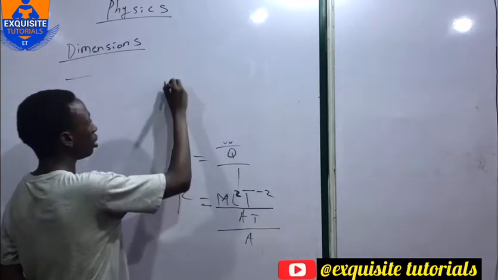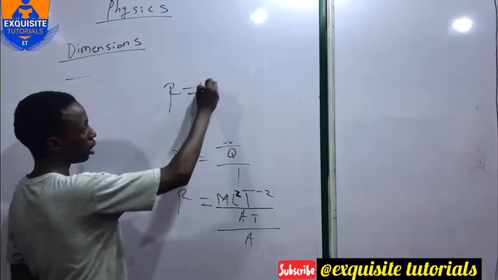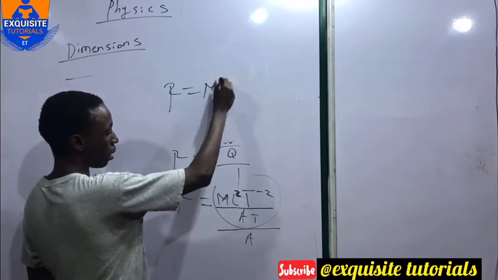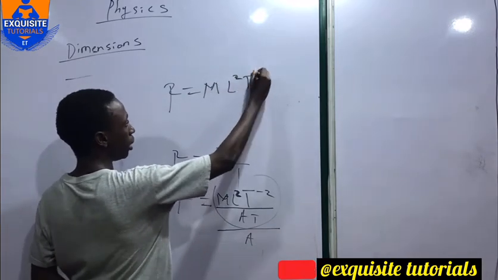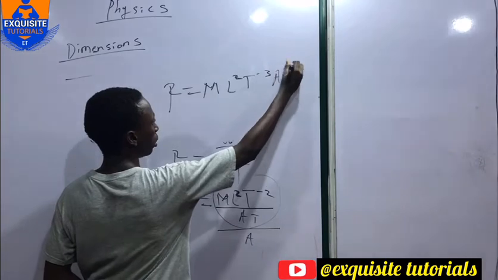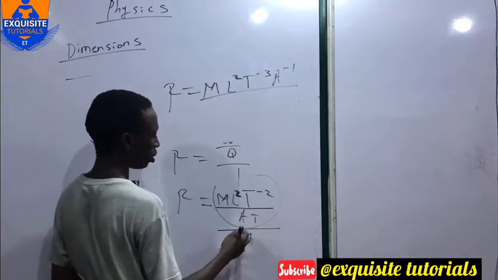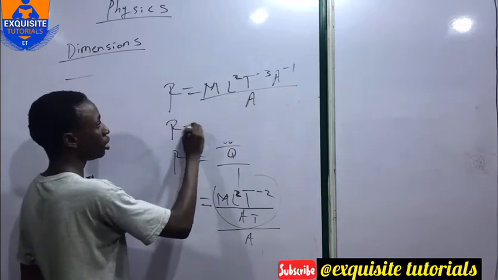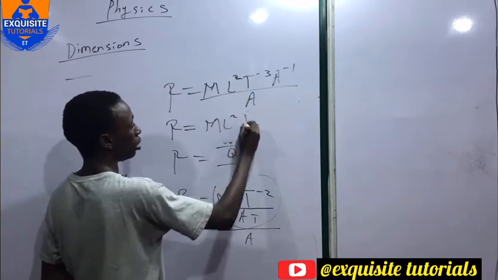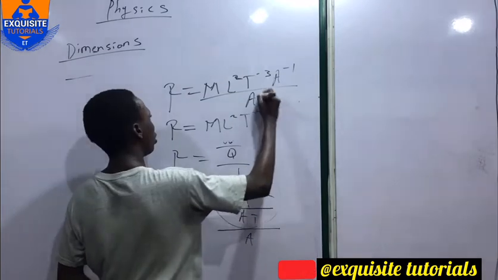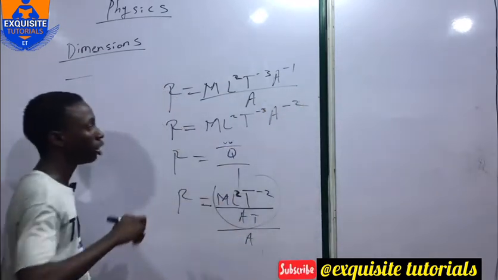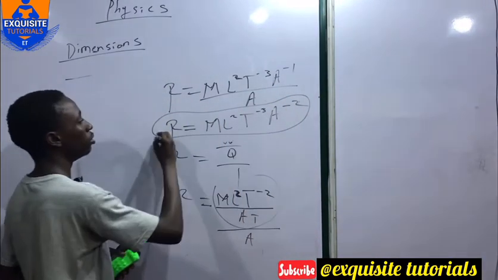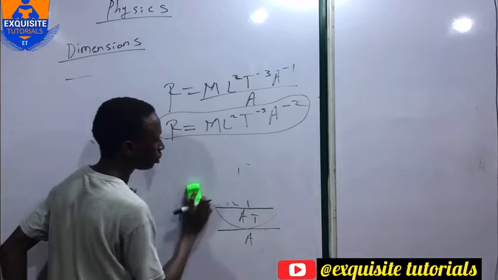R will now be equal to ML squared T minus 3 A minus 1 all over A. So the dimension for resistance is ML squared T minus 3 A minus 2. This is the dimension for resistance.